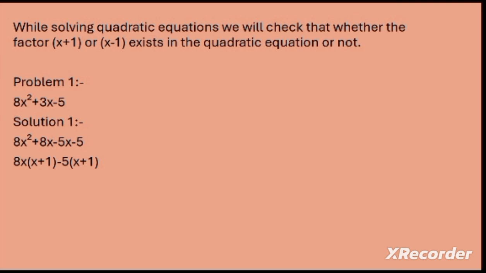Fine. Now, after finding the common coefficient, we will find the common variable. As we know, the fourth term is a constant term and it does not have any variable, so there is no common variable among the third term, which is minus 5x, and the fourth term, which is minus 5.